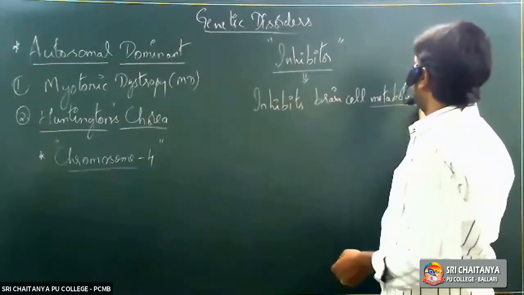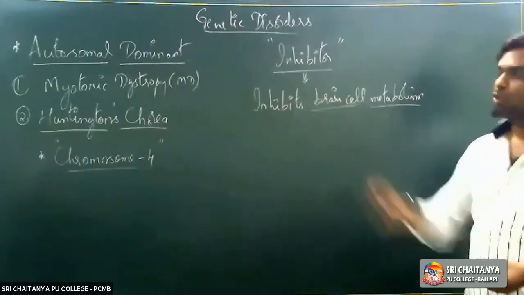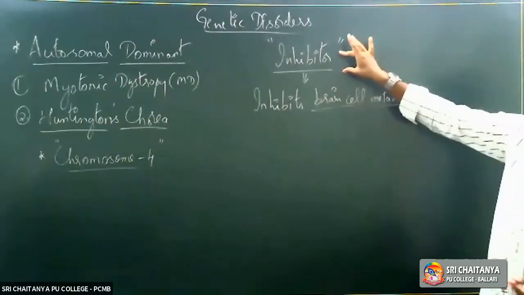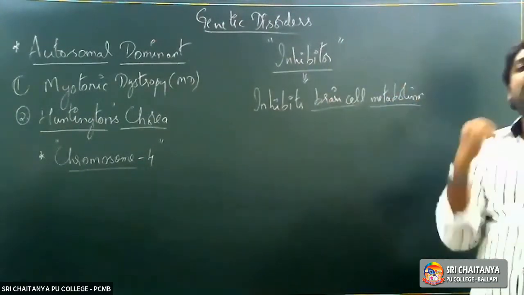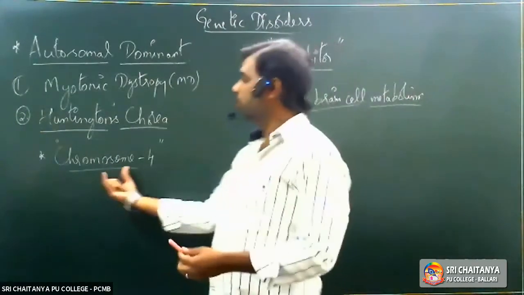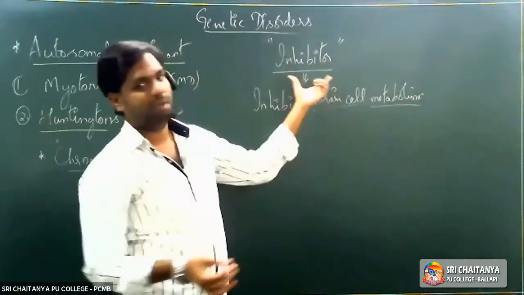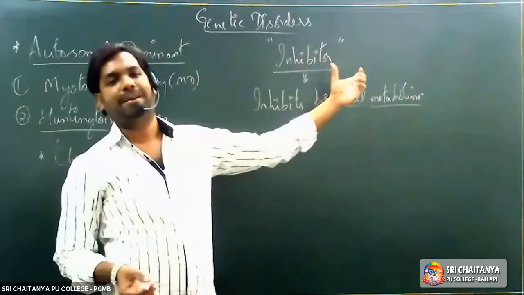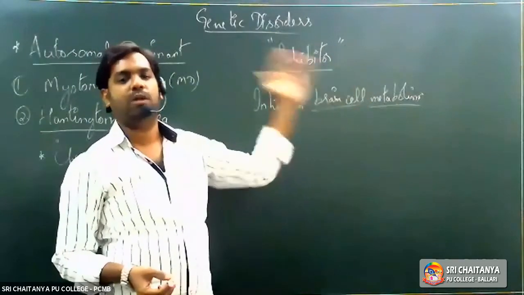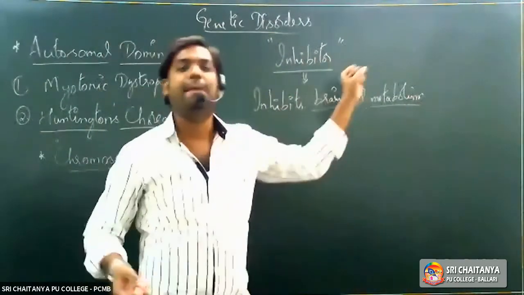Metabolism is nothing but the reactions that occur in the brain. So this particular inhibitor, which is being synthesized because of a mutation in a gene located on chromosome number 4, is going and inhibiting the brain cell metabolism.